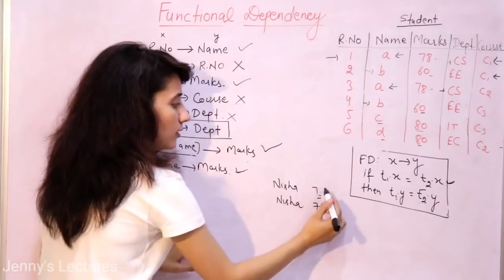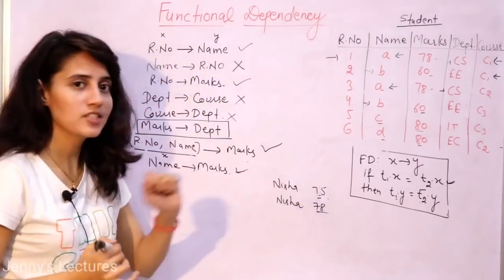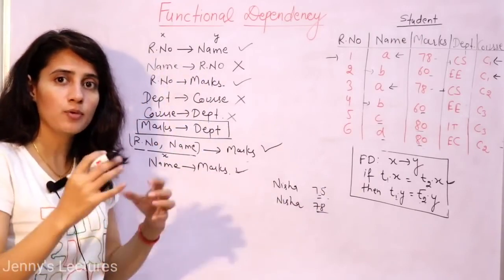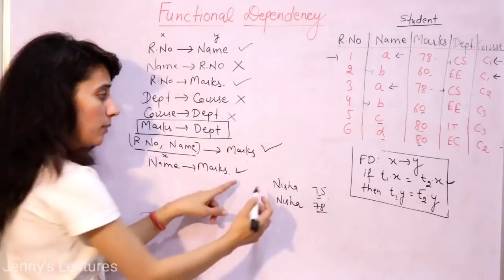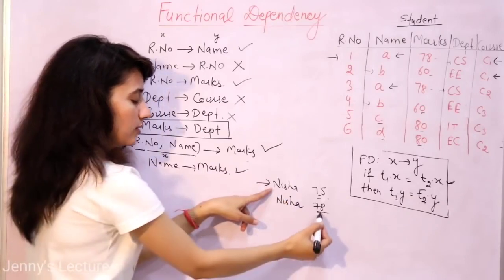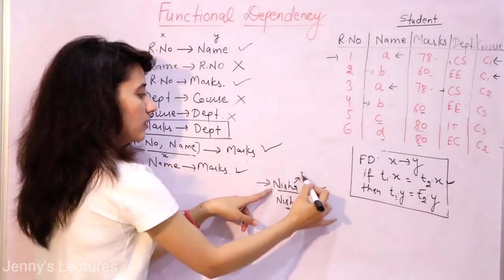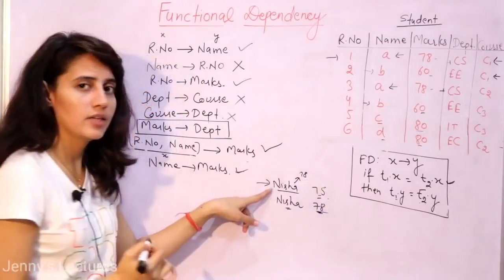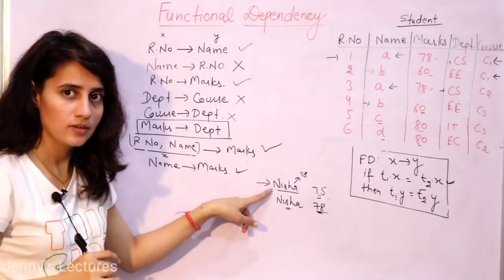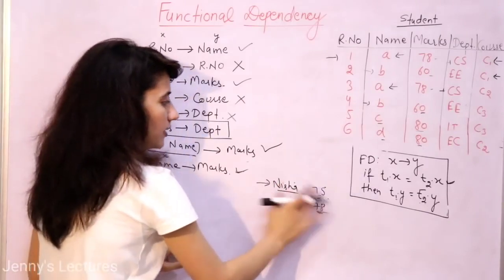Problem comes when one is having marks 75, one is having 78. Now I'll say, Nisha, tell me your marks. Now suppose I am asking marks of this one and she will say 78, so I can record her mark 78. That would be a problematic situation, right? So this is the case here.